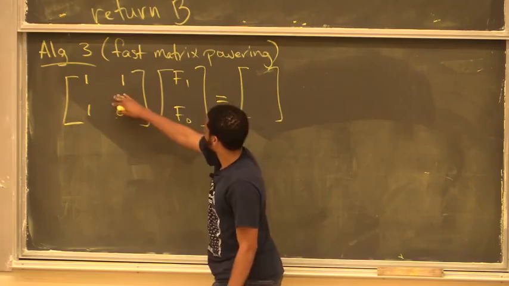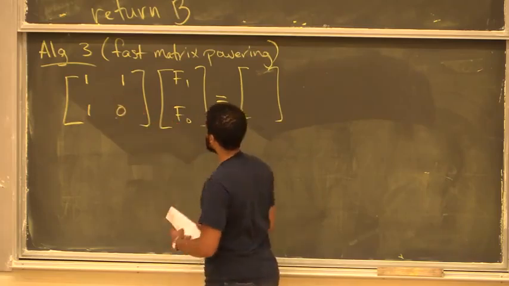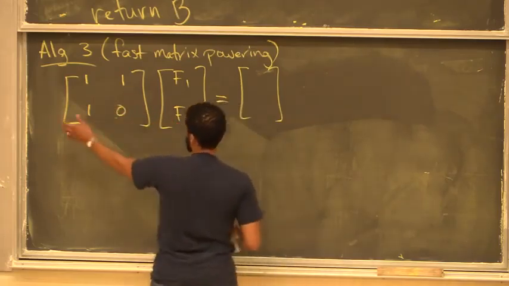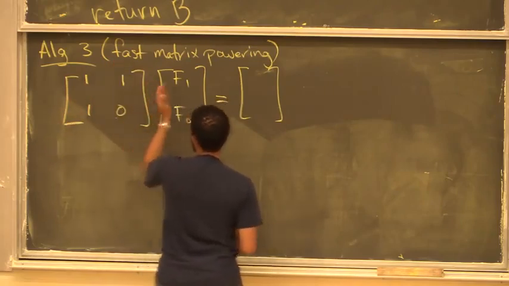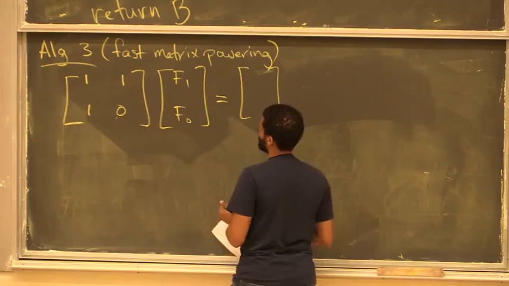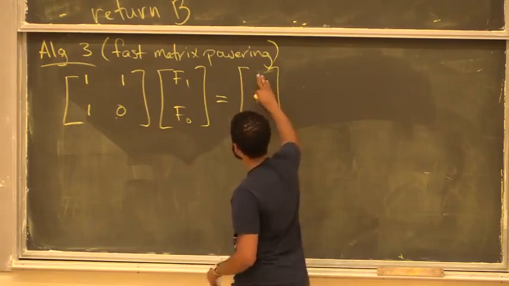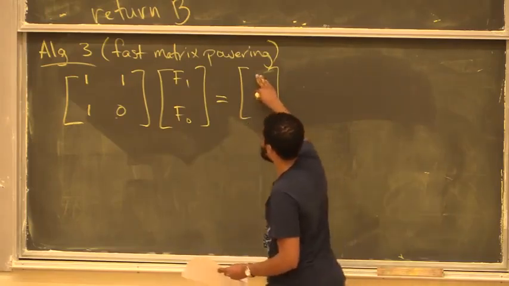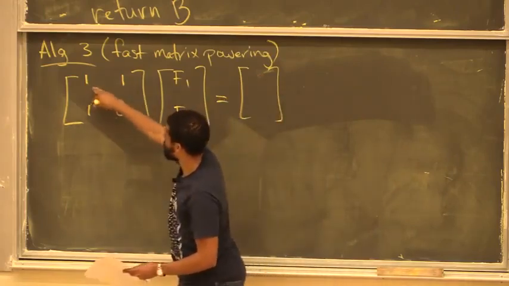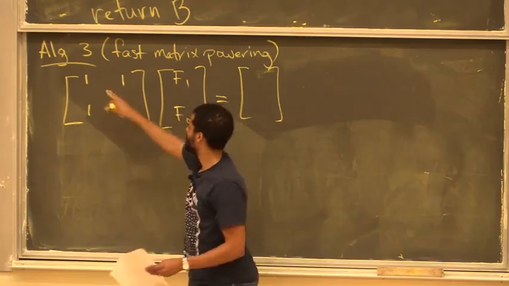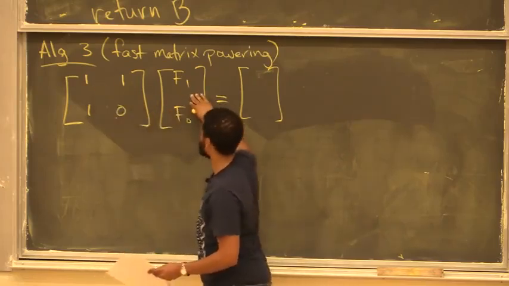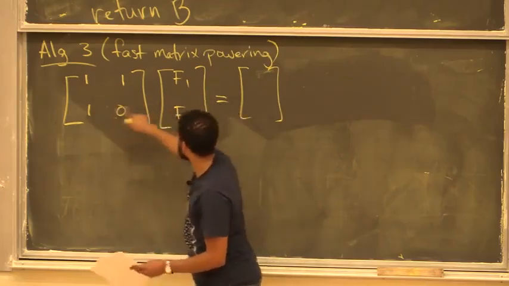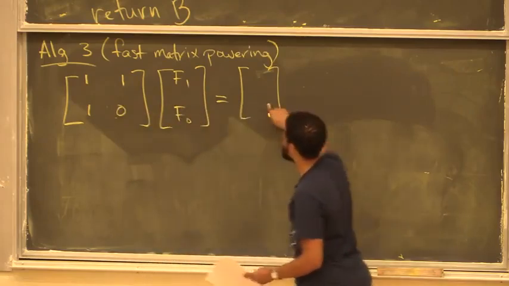But matrix vector multiplication, basically, if you multiply an A by B matrix by a B by C matrix, here C is 1, then the output matrix is A by C, and each entry is the dot product of the corresponding row in this matrix and the column here. So this is a 2 by 2, this is a 2 by 1, so this is 2 by 1.